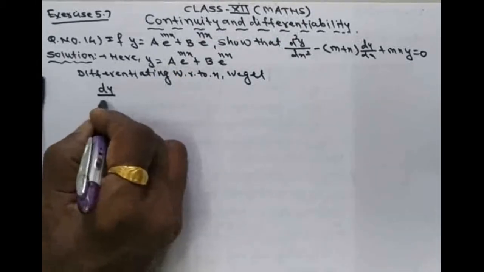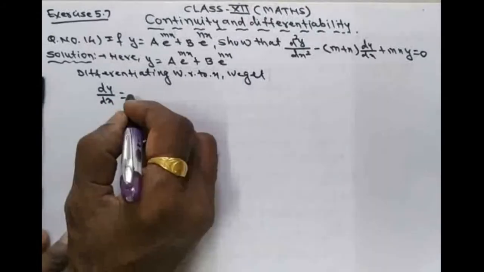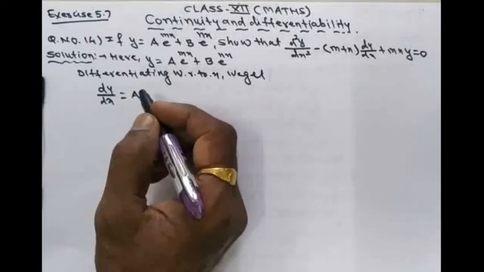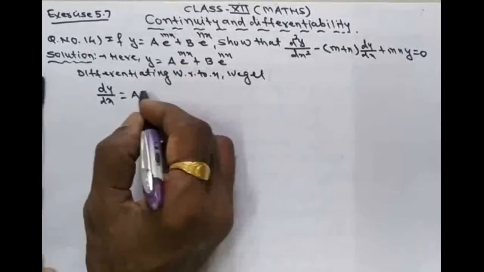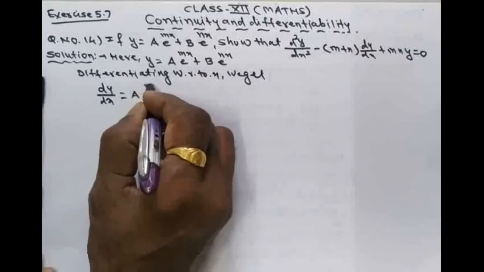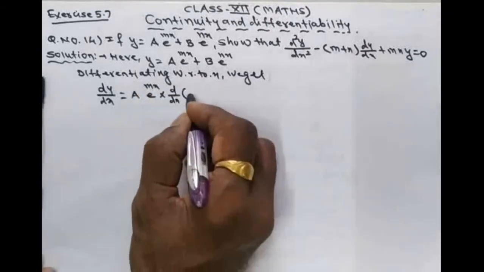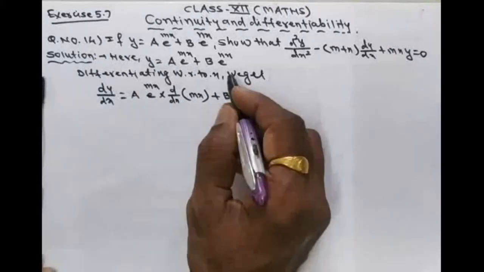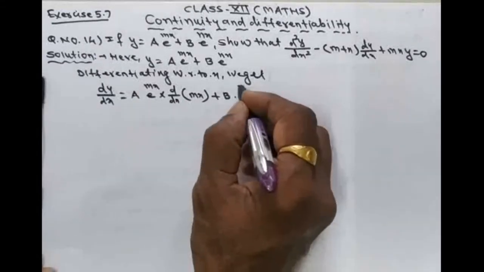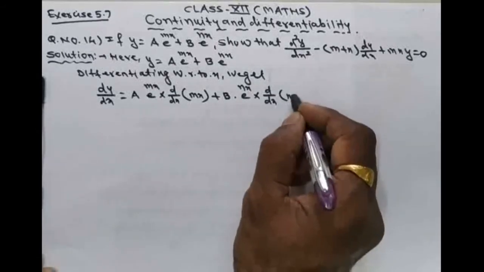So dy by dx, differentiating both sides. This a is constant number. You know that derivative of e raised to the power x is e raised to the power x. So derivative of this will be e raised to the power mx into derivative of mx, plus capital B into derivative of e raised to the power nx, e raised to the power nx into derivative of nx.